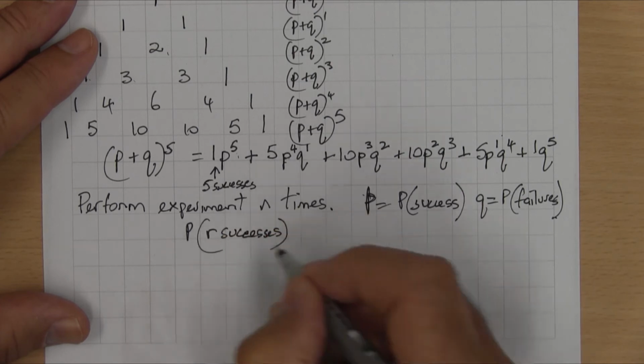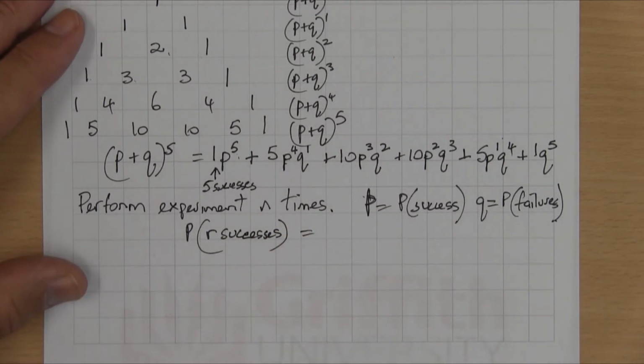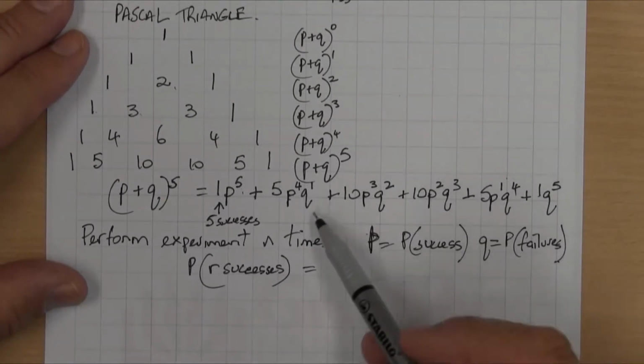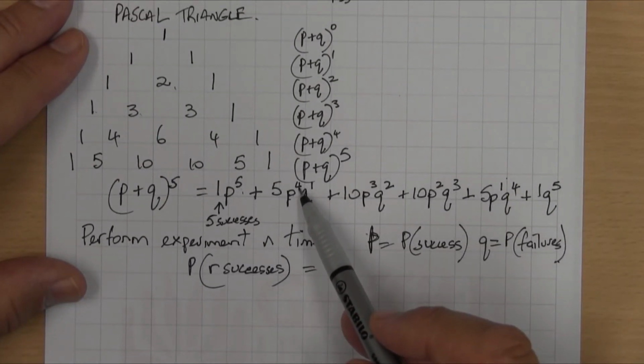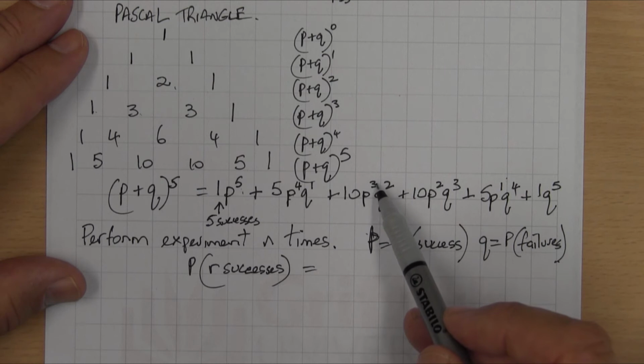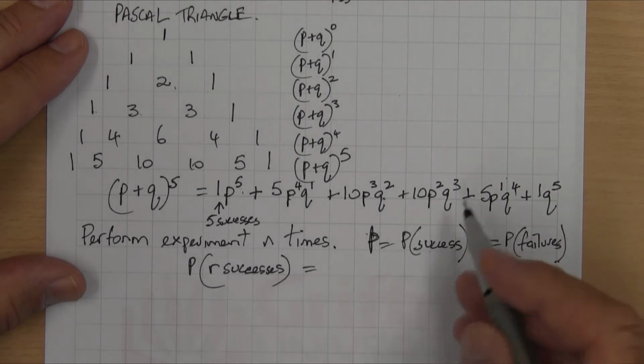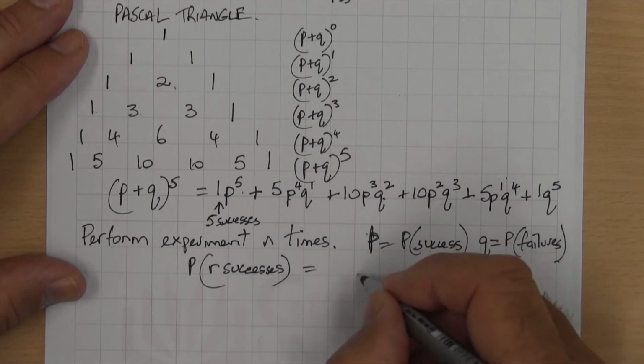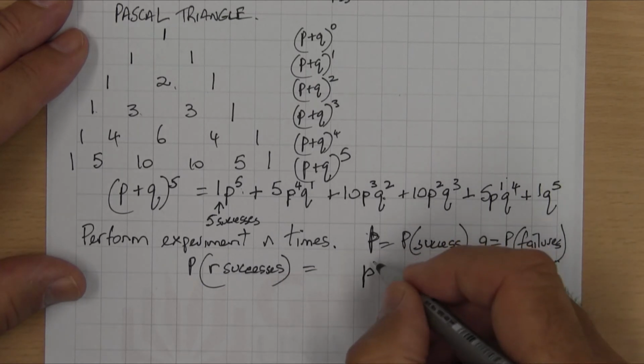Now, without having to write out the whole lot, go back up here. This is 4 successes, this is 3 successes, 3 successes, 2 failures. So the probability of r successes will be p to the power of r.